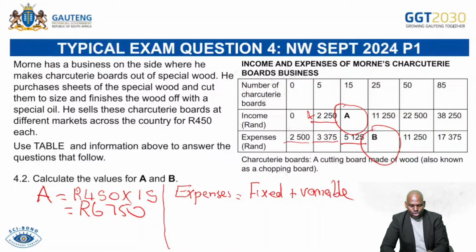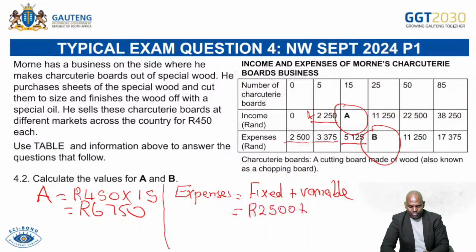Okay, so it means this 2,500 might be for rental. Remember, if you're owning a business, you have to rent a store. So whether you're going to sell, whether you're going to buy or you're not going to sell anything, you still have to pay the rent. So in this case, the 2,500 will always be there. So our expenses in this case must be 2,500.